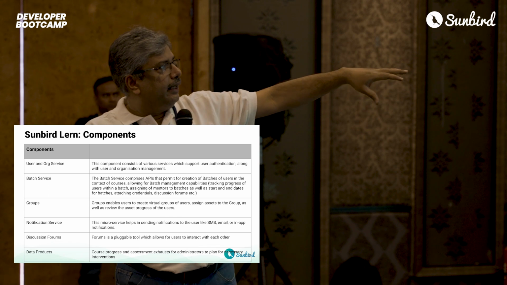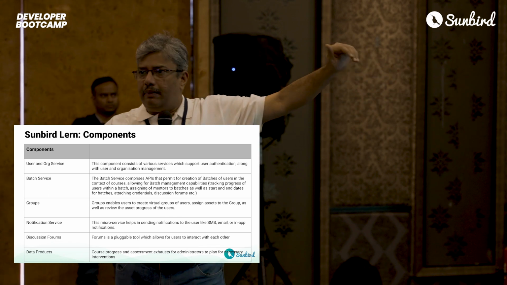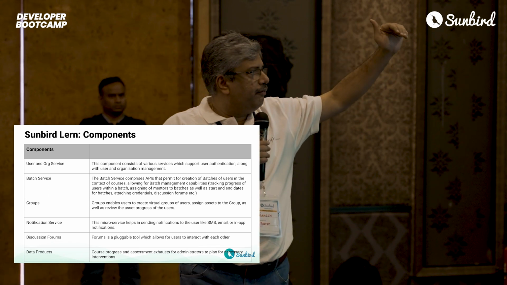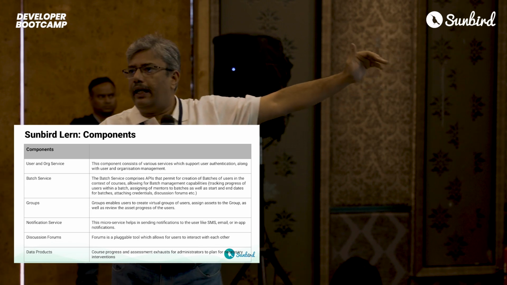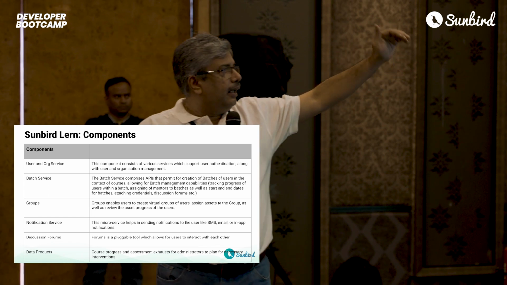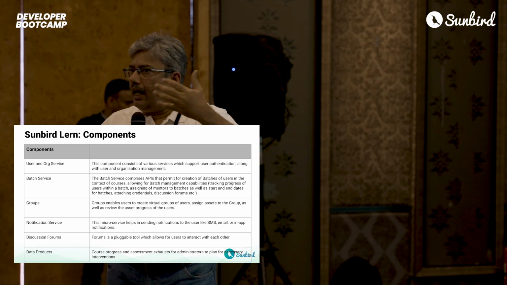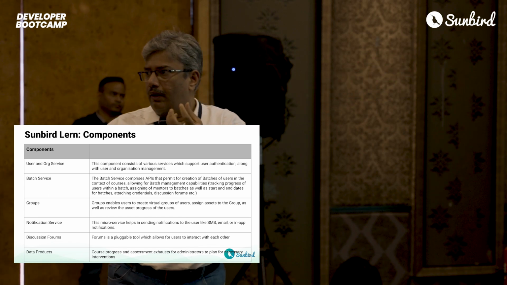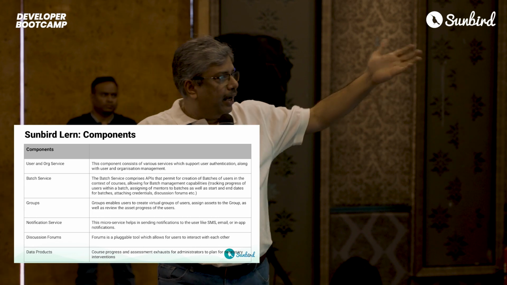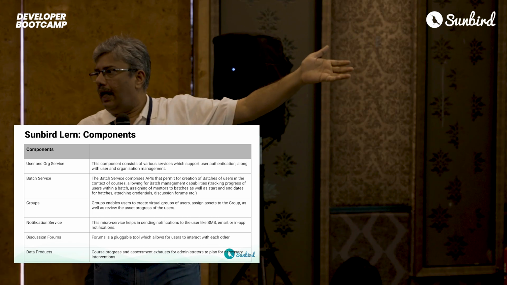For Knowledge, the microservices are based on the functionality, like content and collection microservices. You have media services, which allow you to manage the media content. Then you have a tagging and taxonomy service.